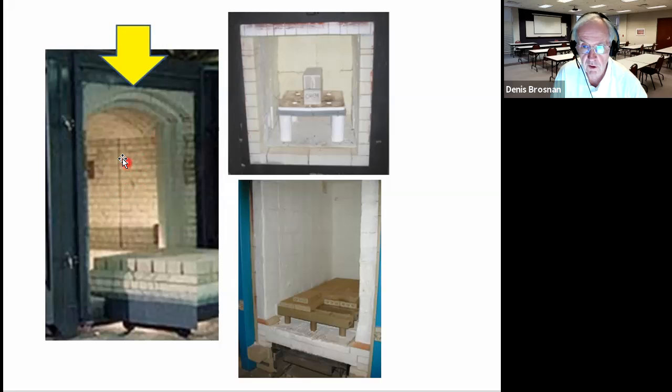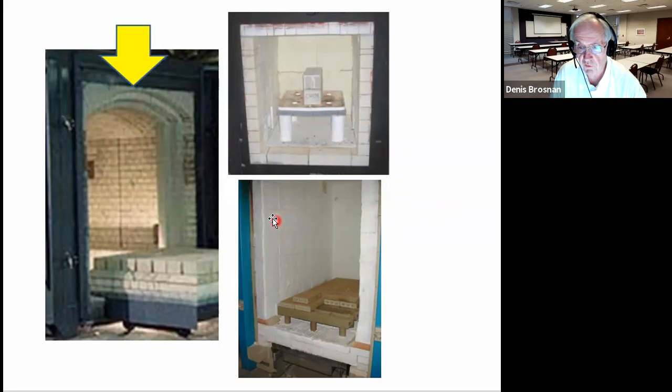They're probably hard bricks. In my small laboratory kiln, we have insulating bricks that constitute the lining in the kiln. And you can see that the load is supported on a refractory sagger right here. Also in my laboratory, there's a larger kiln which has ceramic fiber modules that constitute the lining.